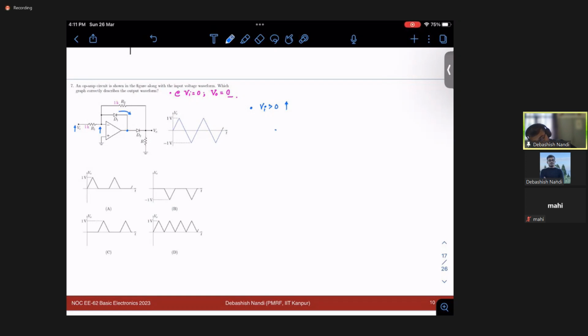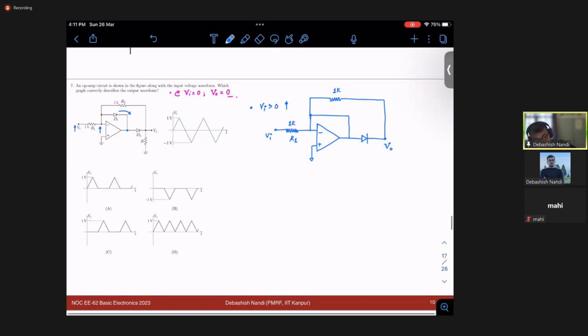So my circuit diagram will look like this. This is your Vi, this is your R1. Let's say this is 1K, this is 1K.